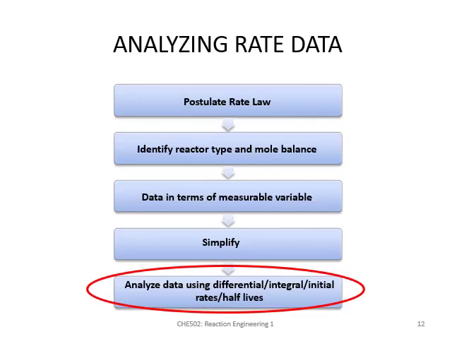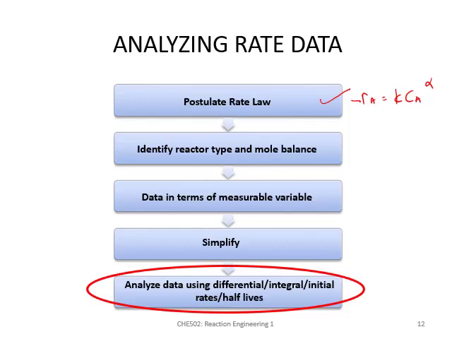Number 1, postulate a rate law, meaning that you need to have an initial guess. What is the rate law? The most common one is negative rA is equal to k CA power alpha.